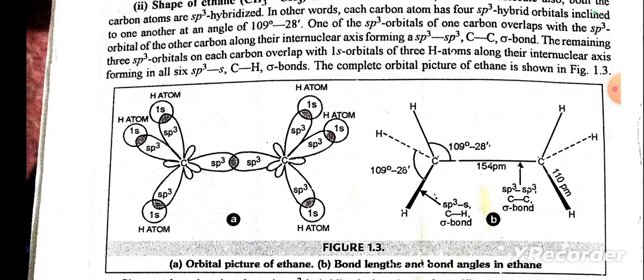The remaining three sp3 orbitals on each carbon atom overlap with the 1s orbitals of three hydrogen atoms along their internuclear axes, forming all six sp3-s sigma bonds. The complete orbital picture of ethane is shown in figure 1.3.